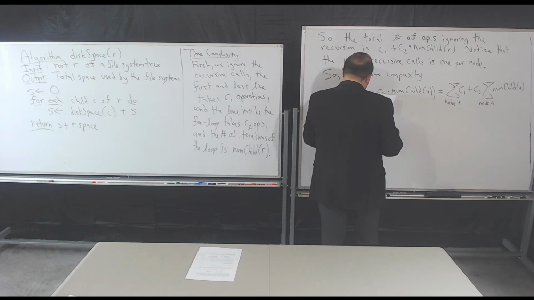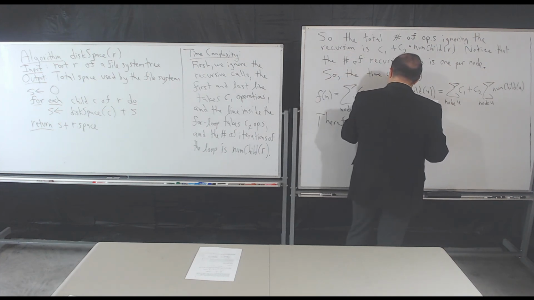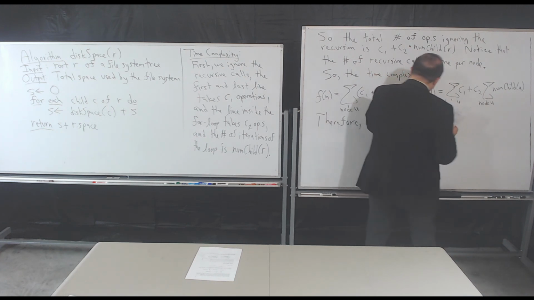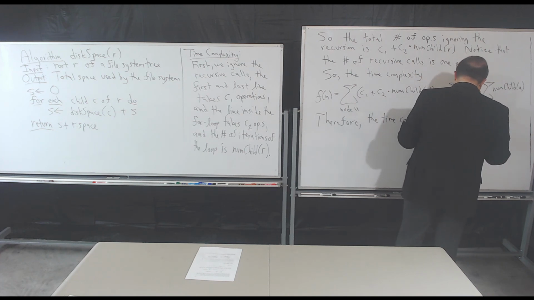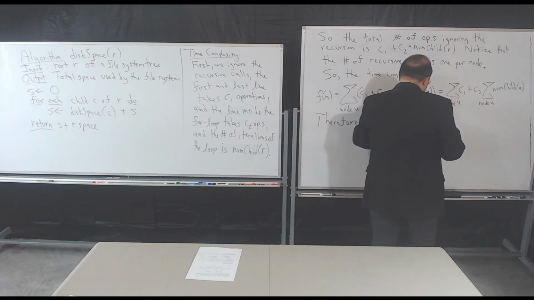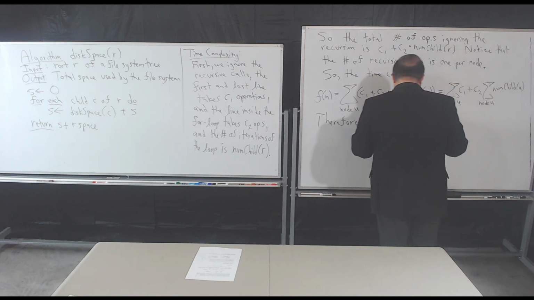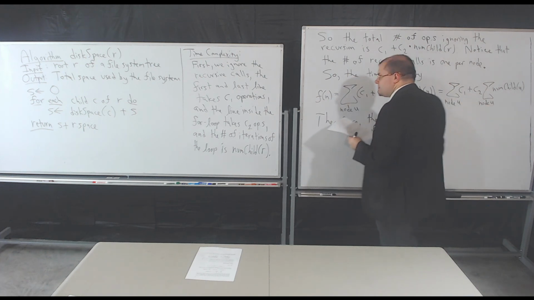Therefore, the time complexity is C1 times n plus what? How many children are there? How many children are there for each one of the nodes?